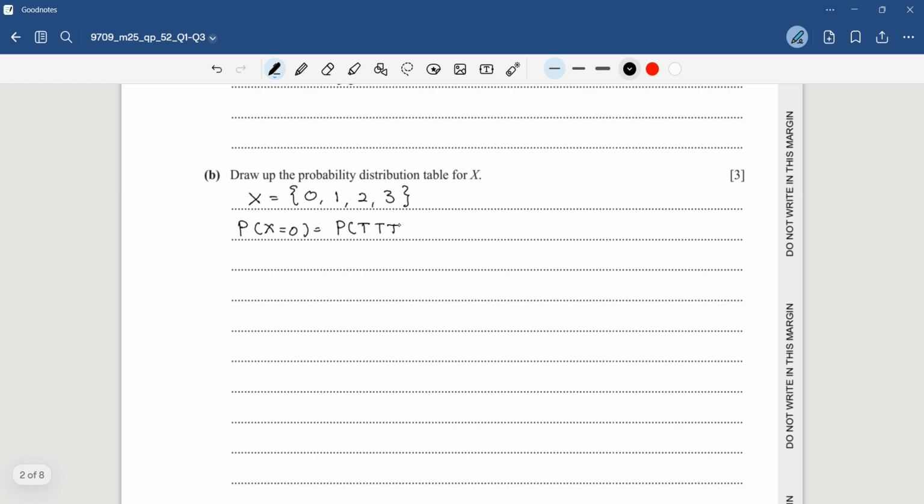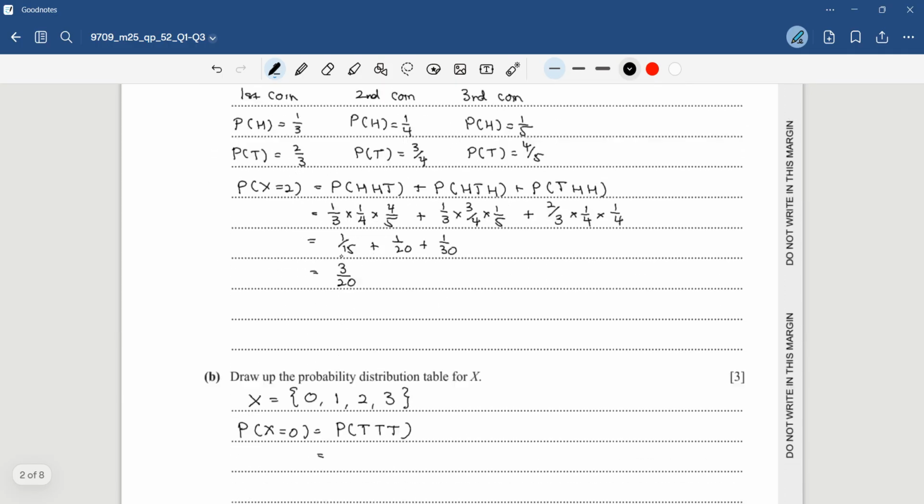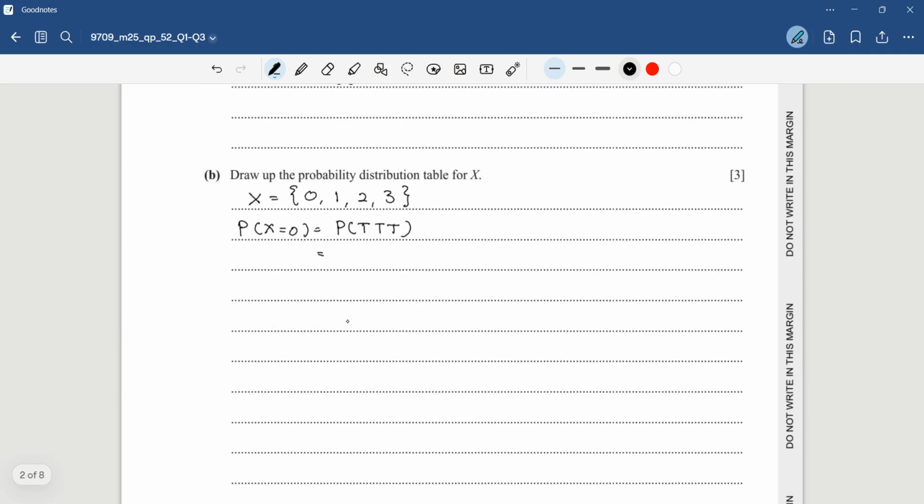Okay, so the probability of getting 0 heads, which means all 3 are tails. So it's going to be 2 over 3 times 3 over 4 times 4 over 5. So I'll get 2 over 5.